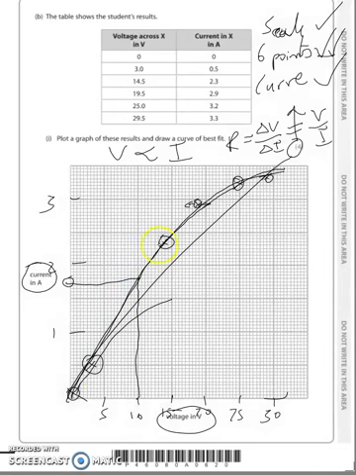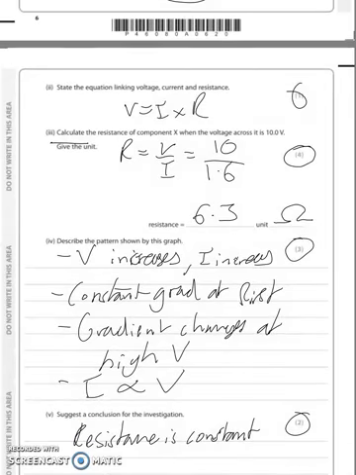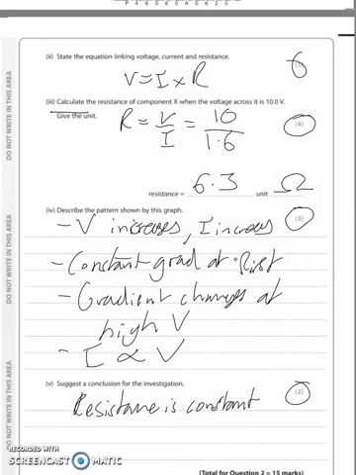But as it changes in this portion of the graph, you'd still have to do R equals V over I, but now the resistance seems to be going up because there's less current going through it for every change in the voltage. So resistance is not constant. Therefore, where's that coming from?